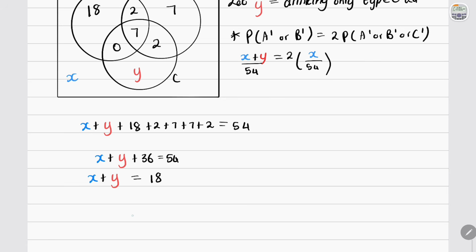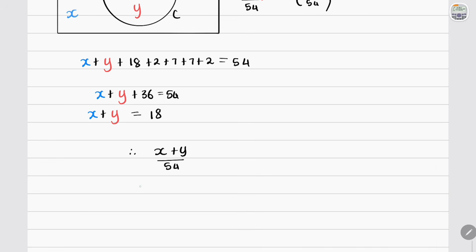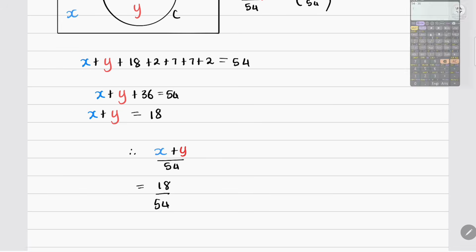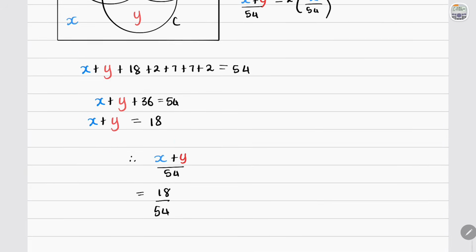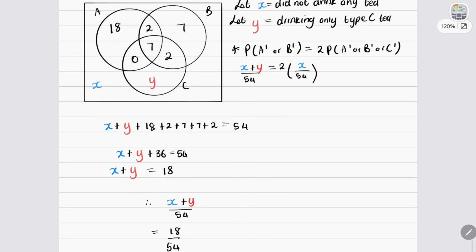And if X plus Y gives us 18, that means this X plus Y over 54 is actually 18 over 54, which gives us 1 over 3. So we can take this equation and work with it further.